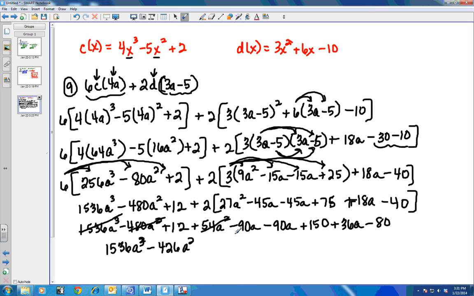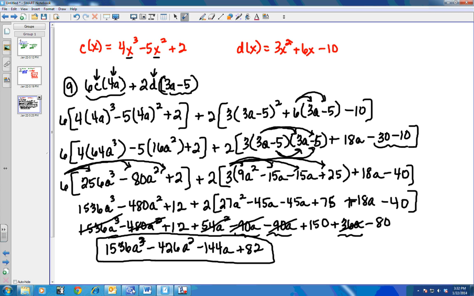Now let's do our a's. I have a negative 90a, a negative 90a, and a positive 36a, which gives us negative 144a. Then I have a 12, a 150, and a negative 80. So 12 plus 150 minus 80 is a positive 82. All of this is our answer for number 9.